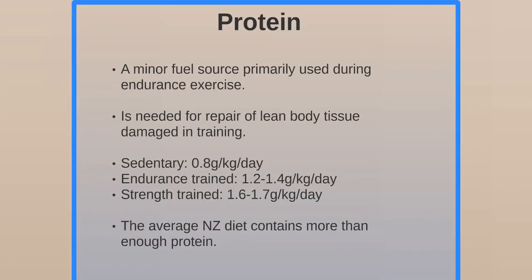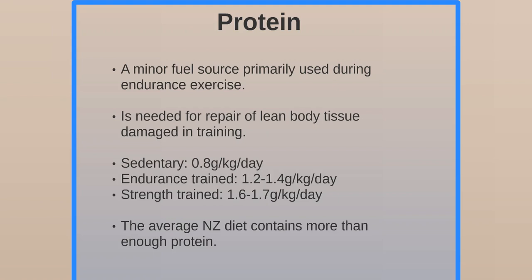So it's a minor fuel source, primarily used during endurance exercise when carbs run out. Its major role in exercise is for repair of lean body tissue in the post-workout phase. We see that different population groups require different amounts, from 0.8 grams at sedentary right up to that 2 grams per kilo in intense or extreme exercise loads, and of course the adolescent or growing person.